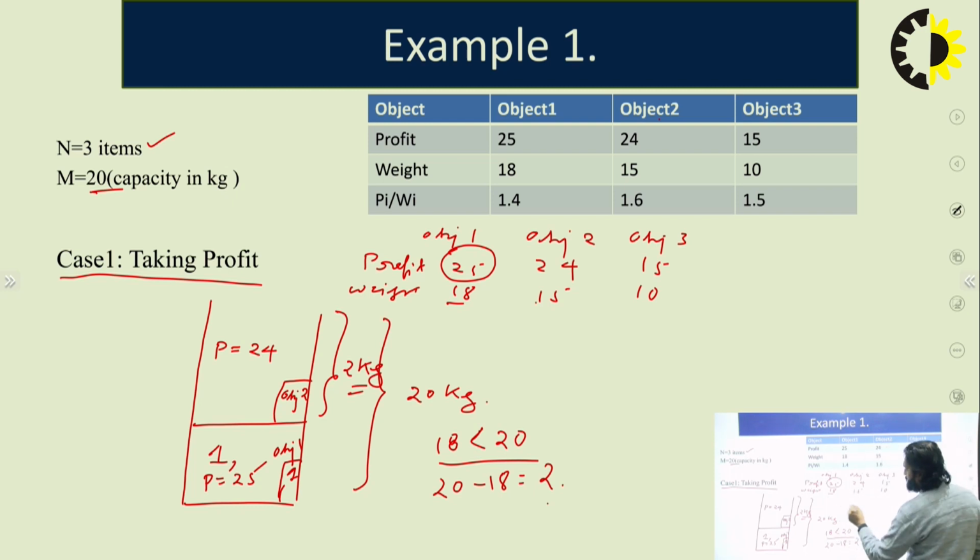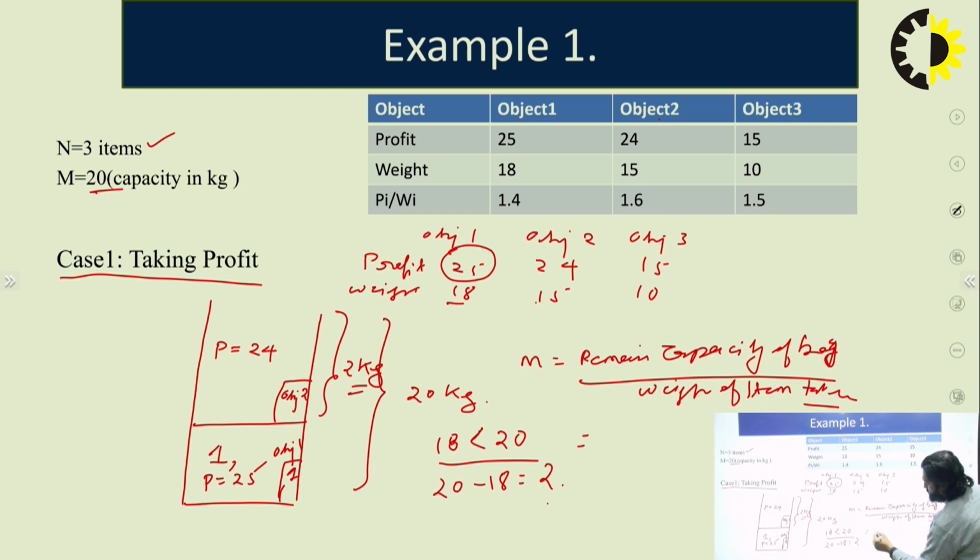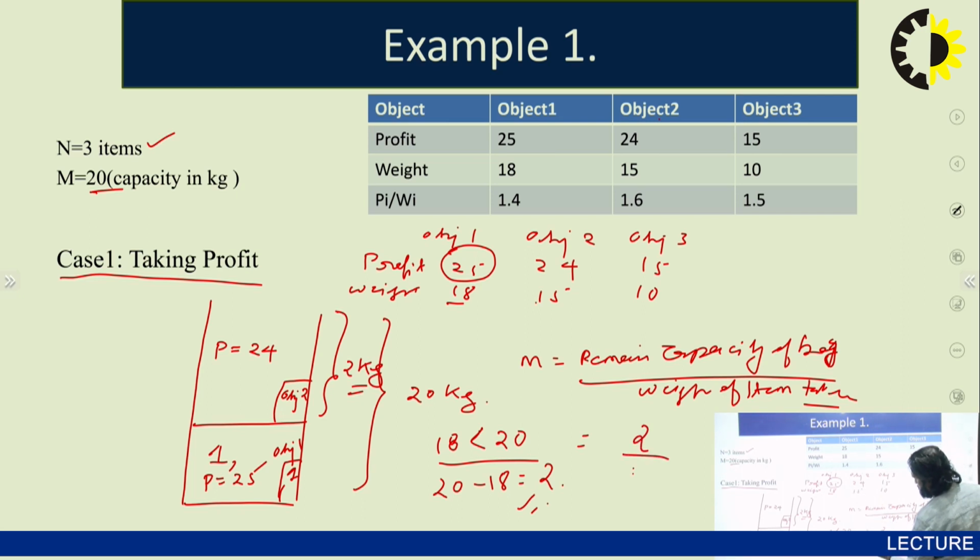To calculate the fraction, it is the remaining capacity of the knapsack bag upon the weight of the item taken. The remaining capacity is 2 upon 15.